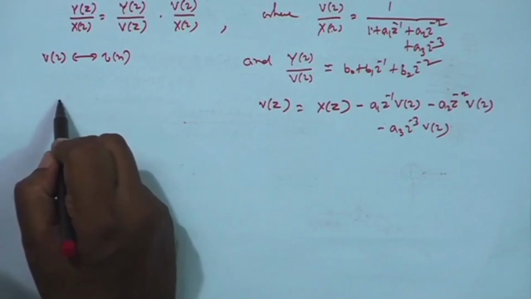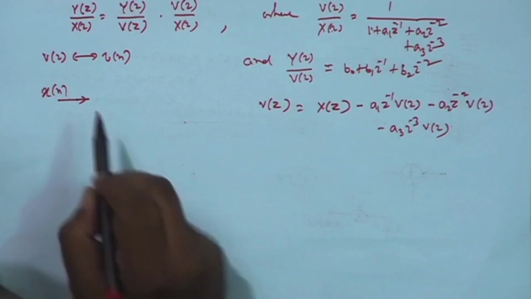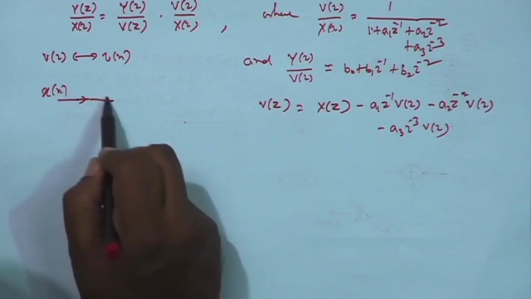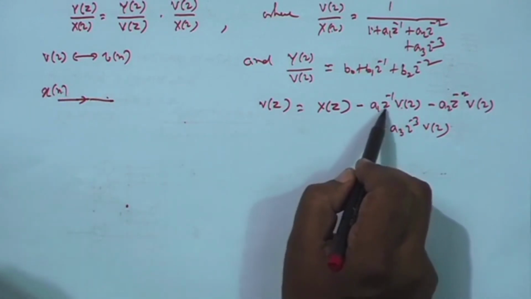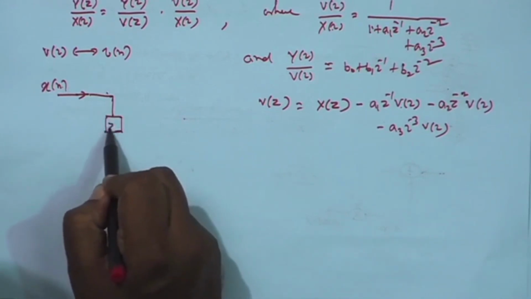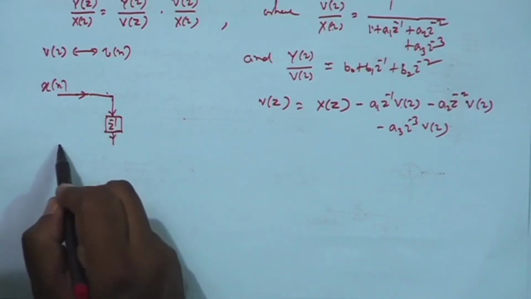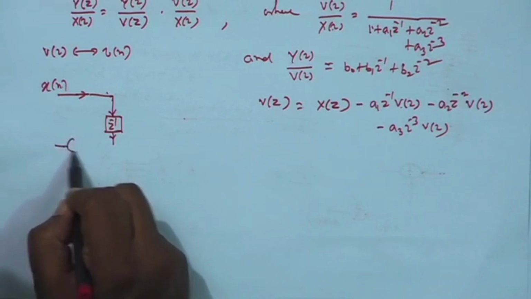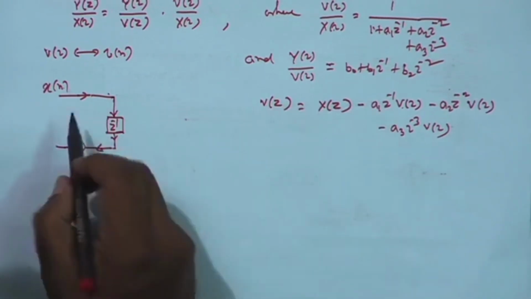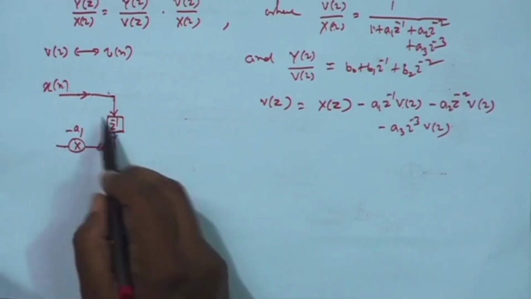Okay. So, suppose here is your x[n] and that gives rise to X(z), X(z) means X(z), that I multiply, that I delay. So, I introduce a Z inverse. Suppose I multiply by minus A1, so minus A1 Z inverse.